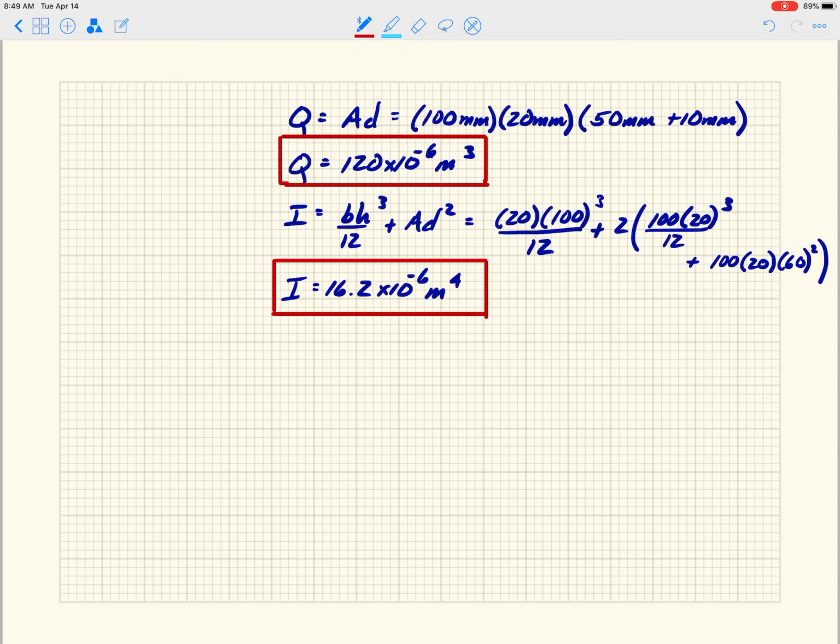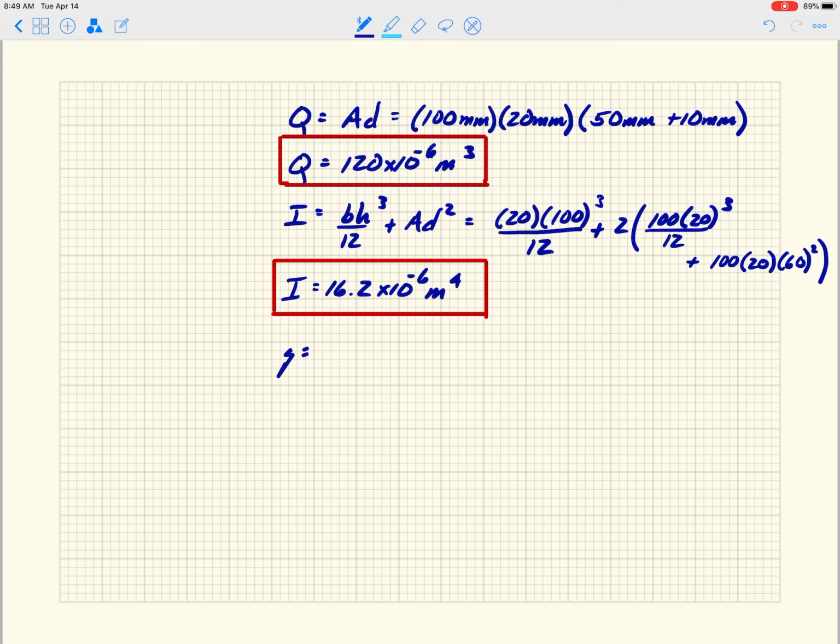So again, I'm just switching everything to units of meters. The key here is that because Q is the first moment of the area, it's in length cubed units. And obviously, moment of inertia is in length to the 4th because it's the second moment of the area. Right, so now we're ready to plug in.